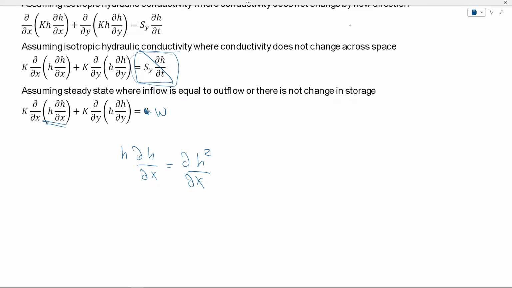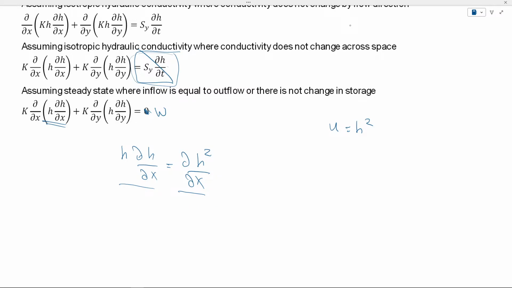Let me show you my mistake. Let me show you why this is almost equal to this, but there's some factor missing. Let's remember what we did before, the chain rule and these things. Basically, I can say my u is equal to h squared. I will show you what is missing.